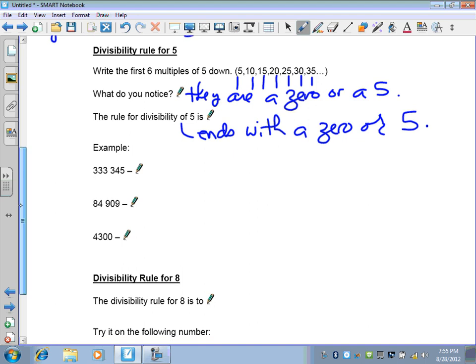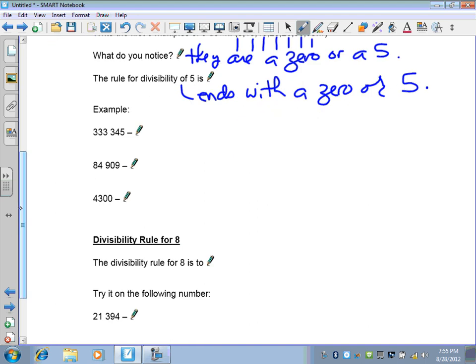Now these next 3 examples are very easy. I want you to do them, pause the recording, and we'll correct them in a second. Okay, you should be done by now. The first one ends in a 5, so this is a yes. Our decision, our reason. 84,909 ends in a 9.